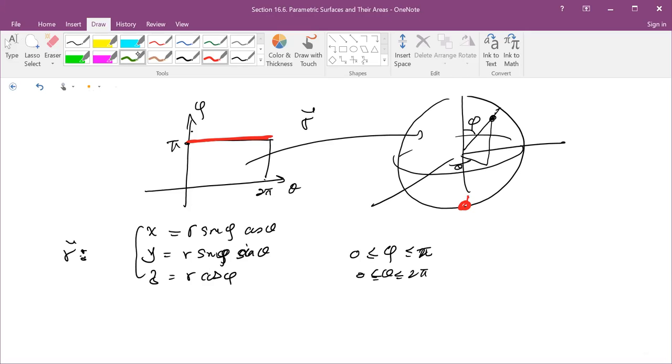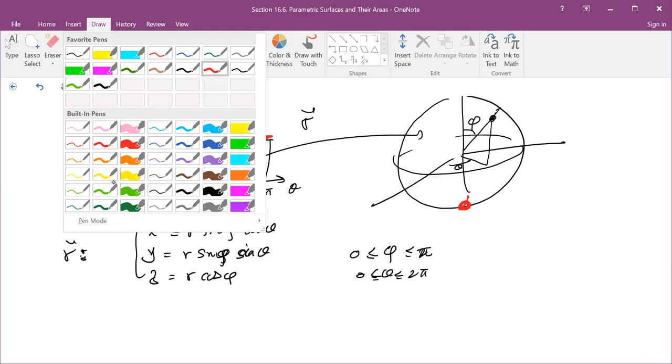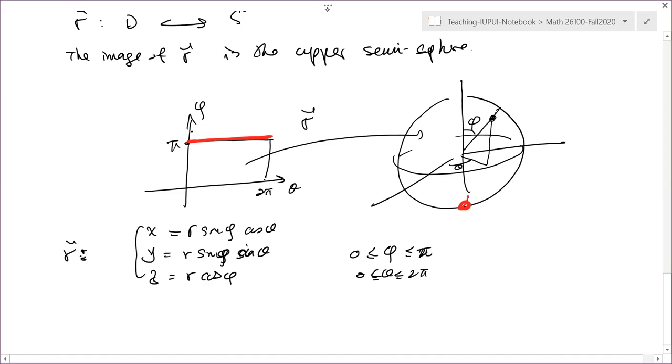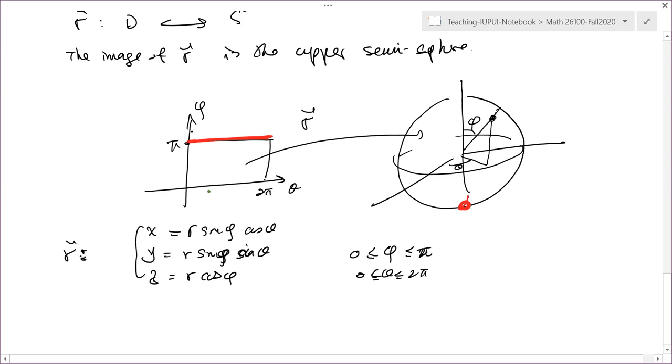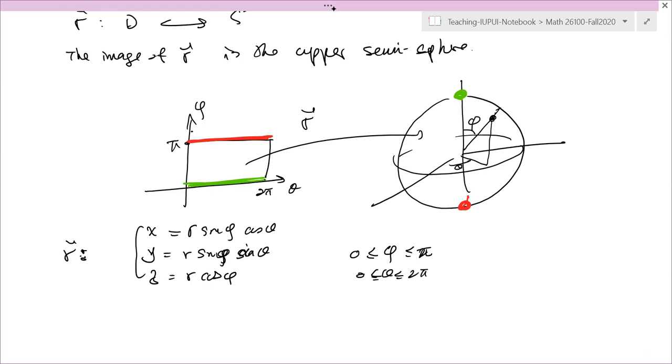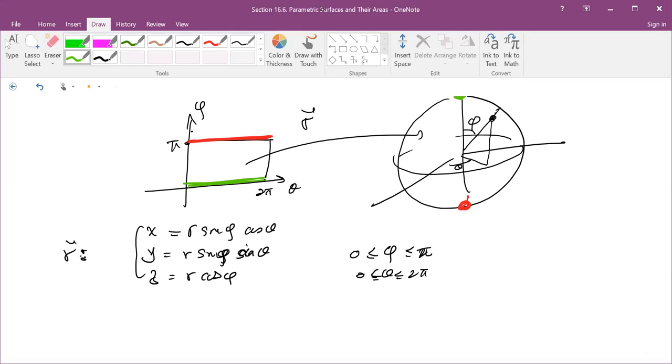And, let me find another color. Okay. So this line is sent to here. Now, how about the other?